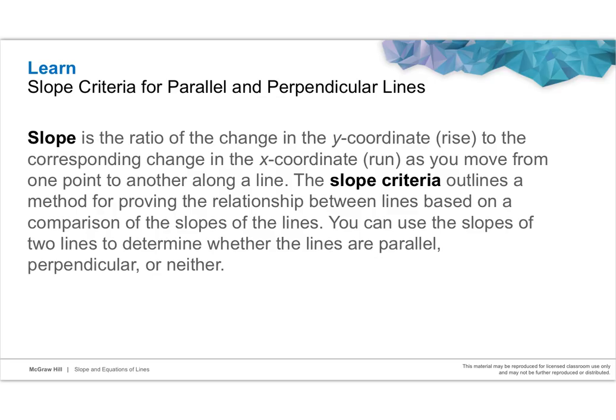Think about that list, rise, run in alphabetical order, okay? As you move from one point to another along the line, we're going to measure the rise over run to become the slope. The slope criteria outlines a method for how we prove the relationship between lines based on comparing their slopes. And as we heard in our lesson goals, we're going to use those slopes to determine whether they're parallel, perpendicular, or they fall in neither of those categories.